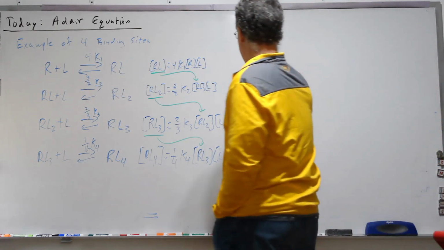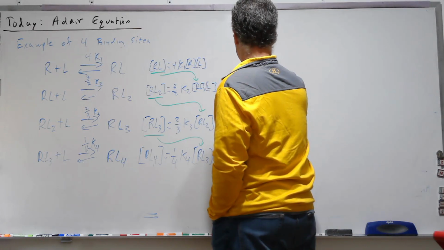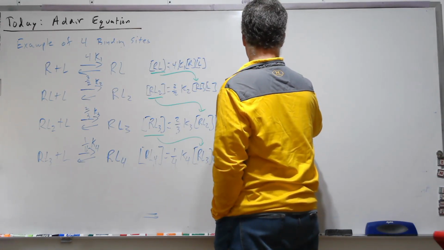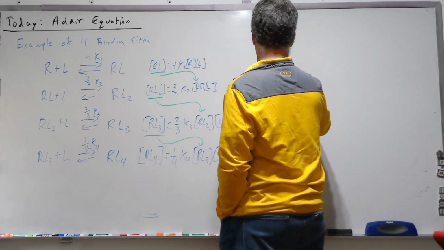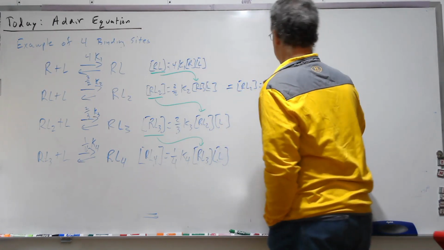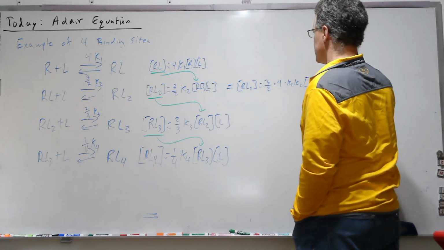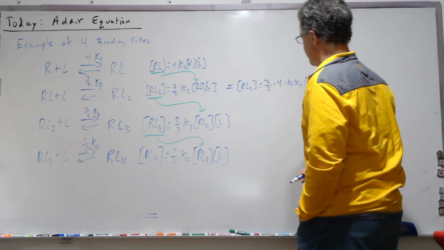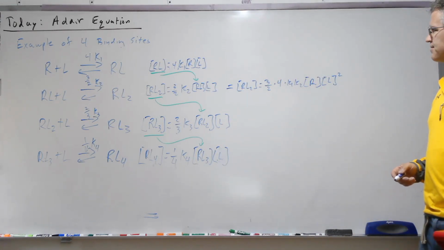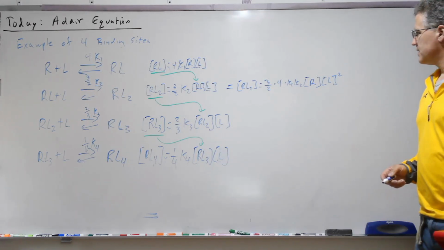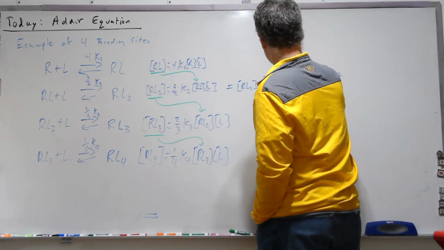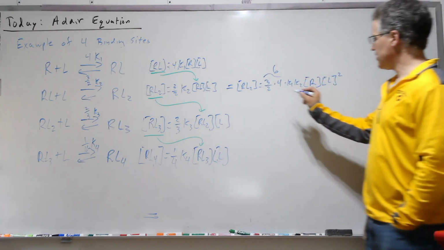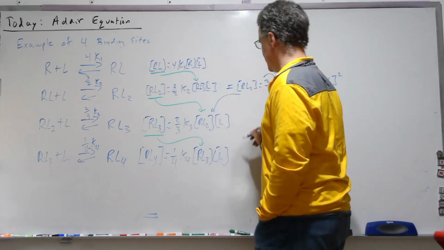So if I do that, this one I have RL2 equals 3/2 times 4 times K1, K2, RL squared. So this here is, what is that, 6? So now let's stick that guy into here.